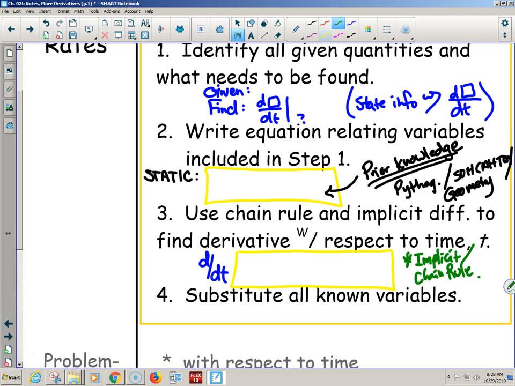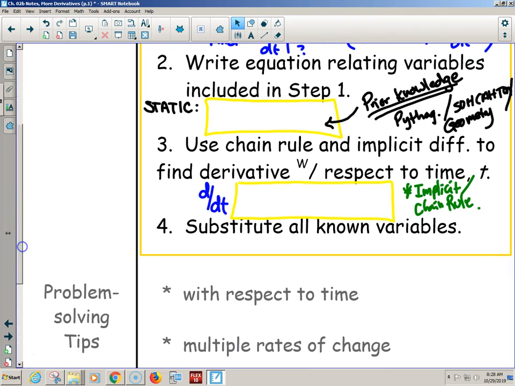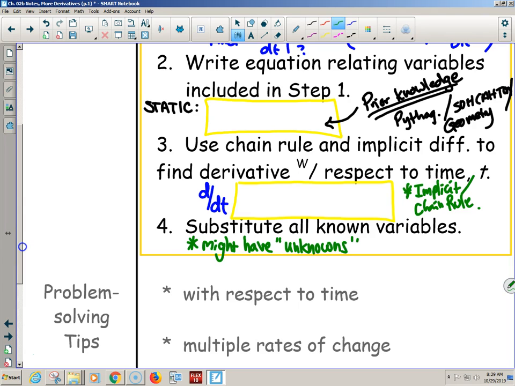Now this whole plug in all known variables, here's a dilemma. It's technically review. You might have unknowns. If you properly set up your given and your find, you know exactly what you're trying to solve for.